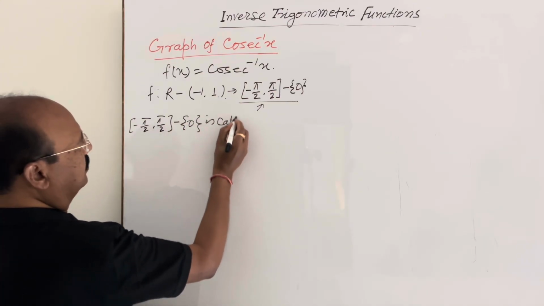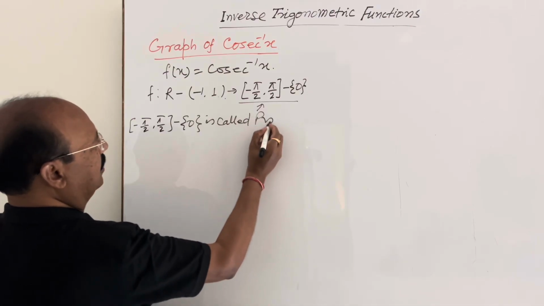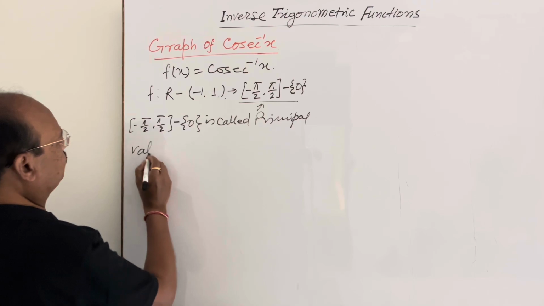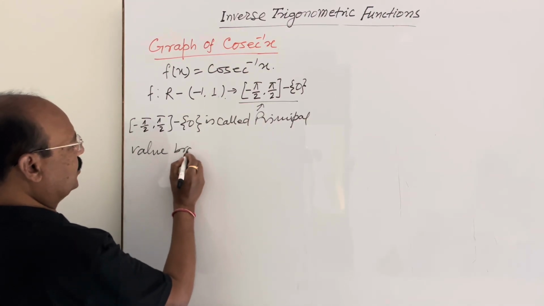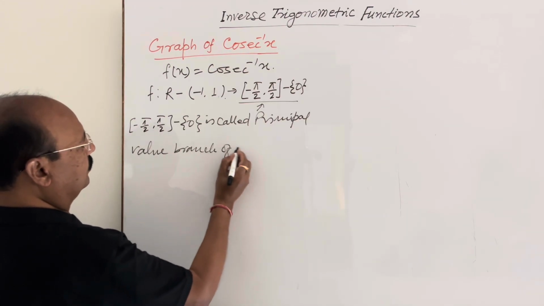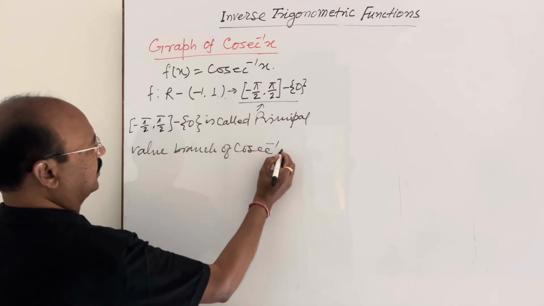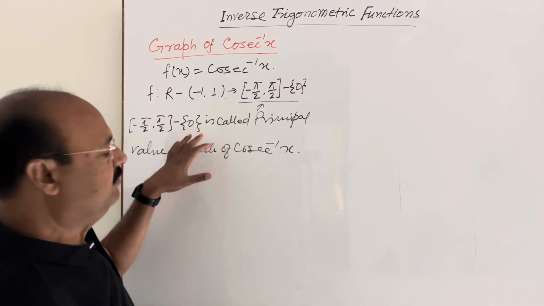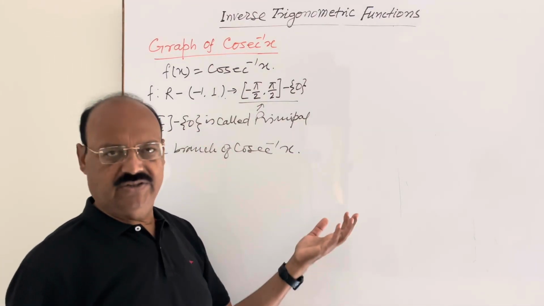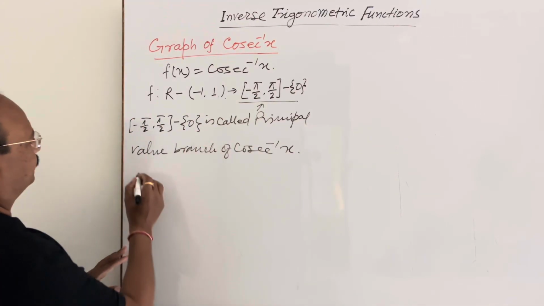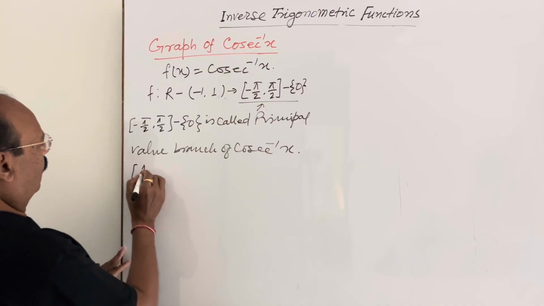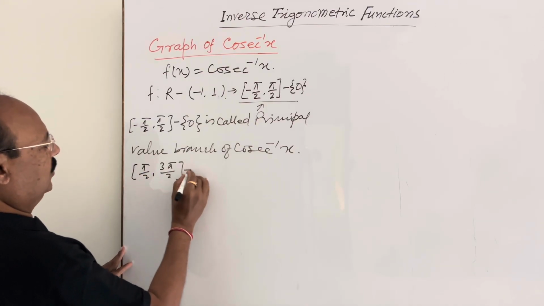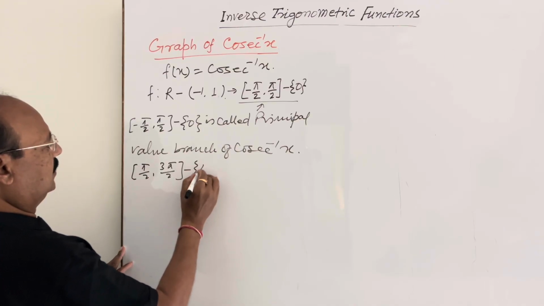This is called the principal value branch of cosec inverse of x. Other than the principal value, there will be other branches also, like pi by 2 to 3 pi by 2 minus pi.